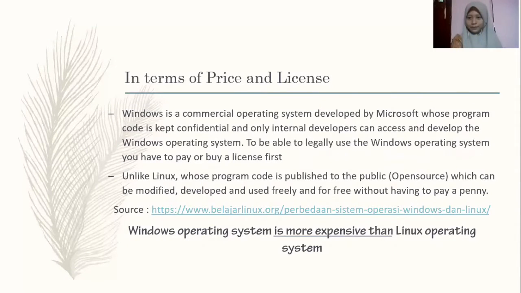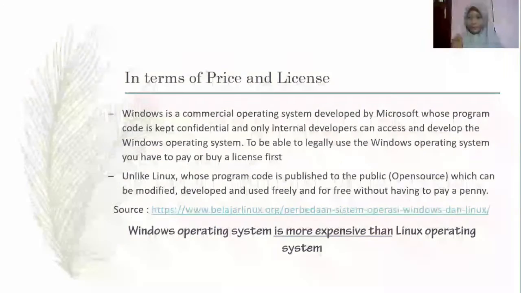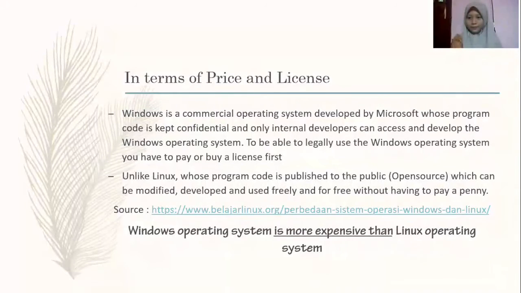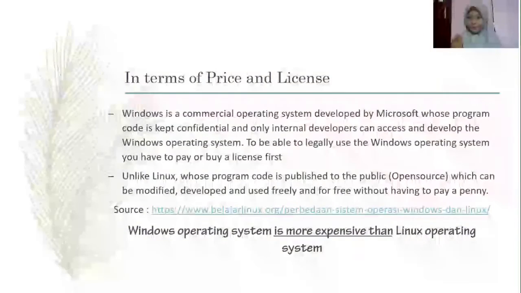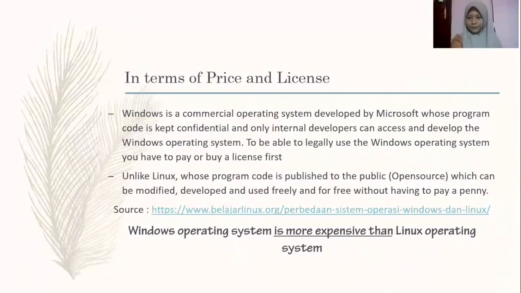To be able to legally use the Windows operating system, you have to pay or buy a license first. Unlike Linux, whose program code is published to the public, which can be modified, developed, and used freely and for free without having to pay a penny. The Windows operating system is more expensive than the Linux operating system.